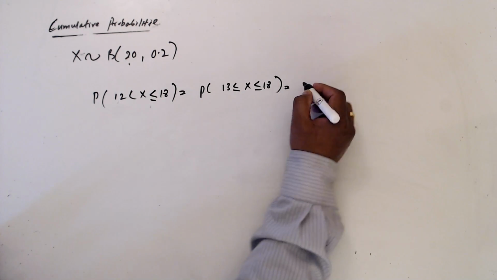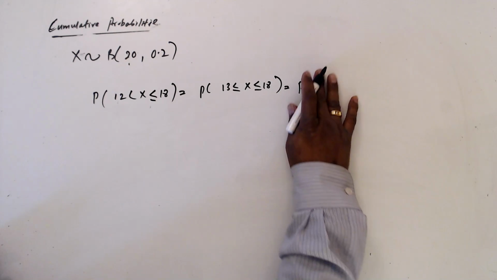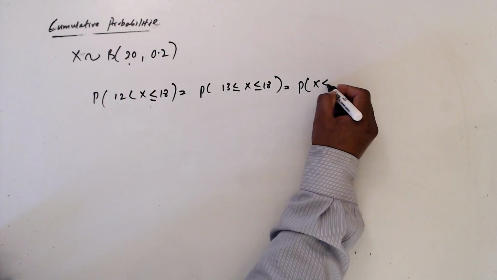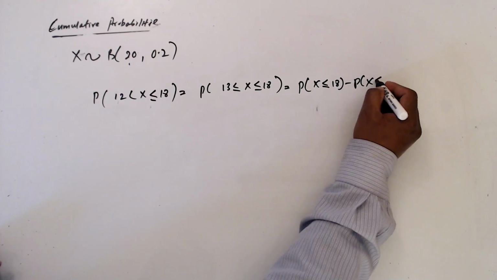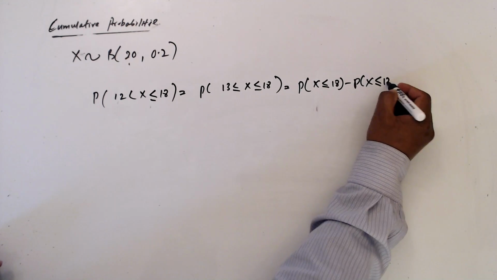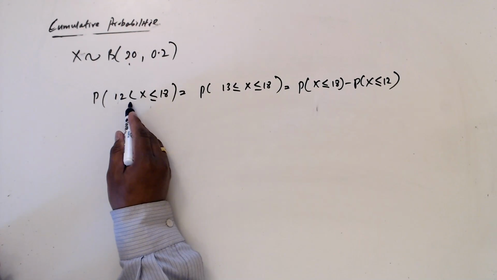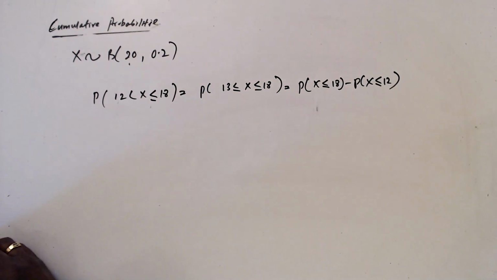You can find this probability as P(x ≤ 18) minus P(x ≤ 12), because there is no equal sign. If there is an equal sign, it has to be 11.